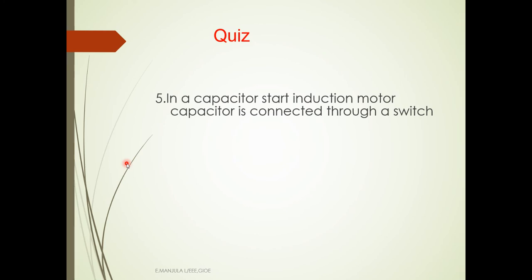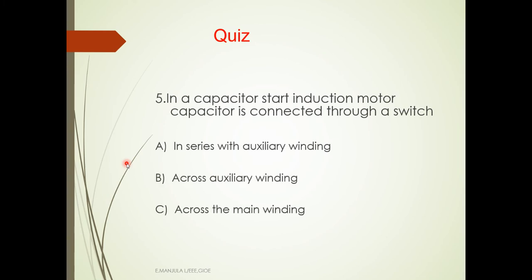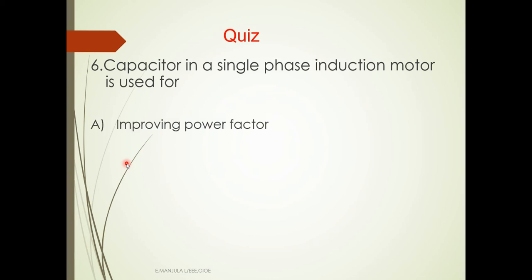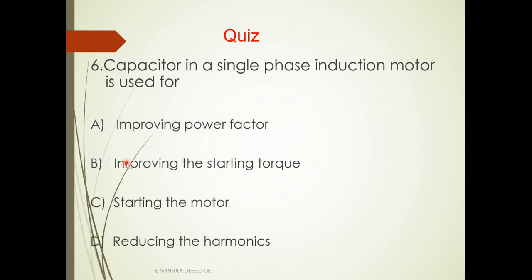In a capacitor start induction motor, the capacitor is connected in series with an auxiliary winding. A capacitor in a single phase induction motor will improve the power factor and improve the starting torque, starting the motor.